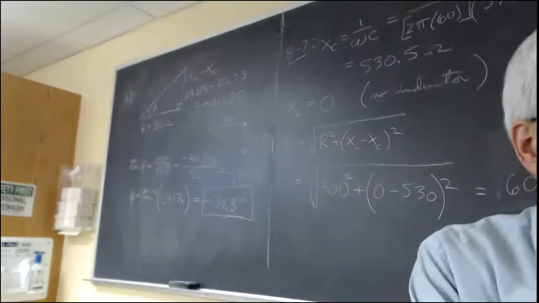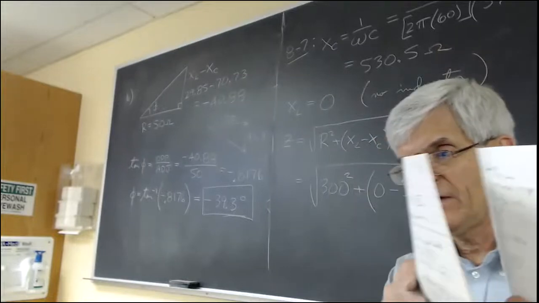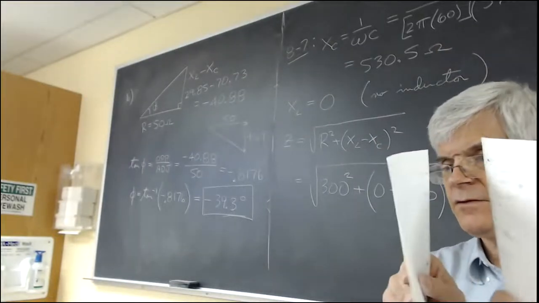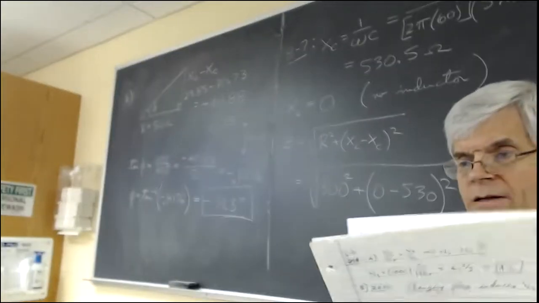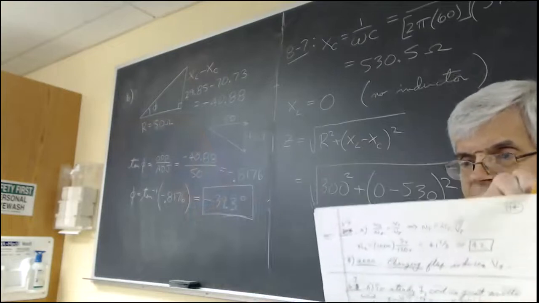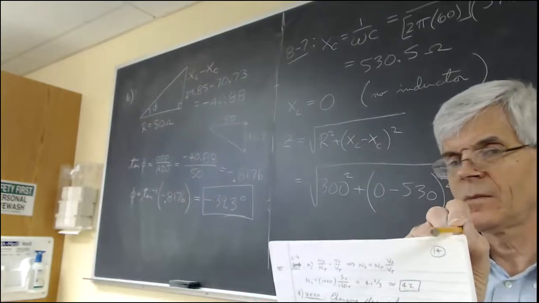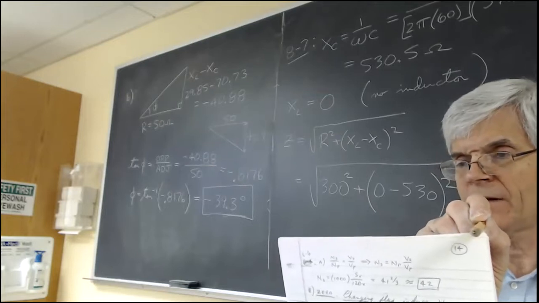One way of making a variable capacitor would be, you've got your set of parallel plates, like these two sheets of paper. Well, if a corner of these plates was attached to a rod over here where I've got the pencil, and on the end of that rod is a knob.